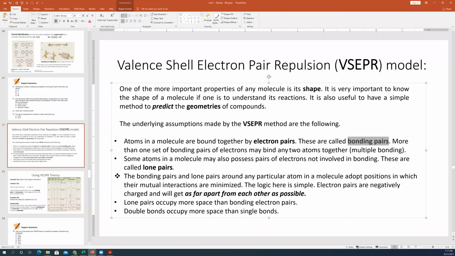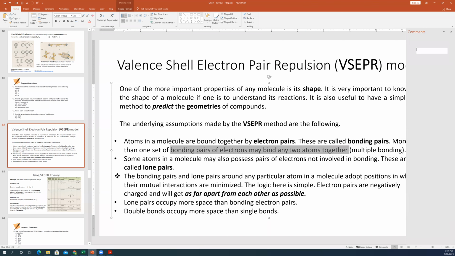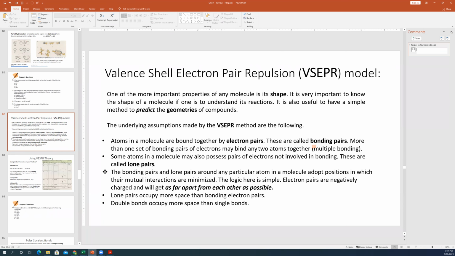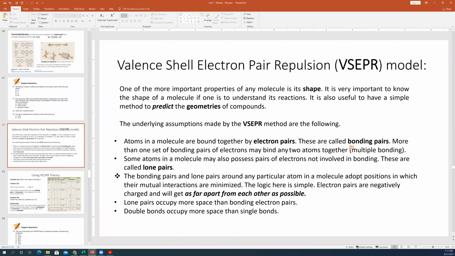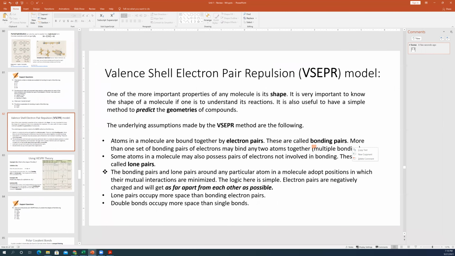You can have multiple bonds. You can have more than one set of bonding pairs of electrons binding any two atoms together, such as the double bond and the triple bond.